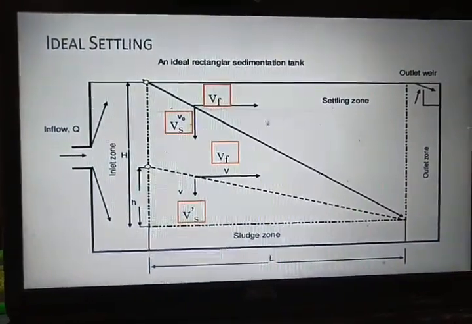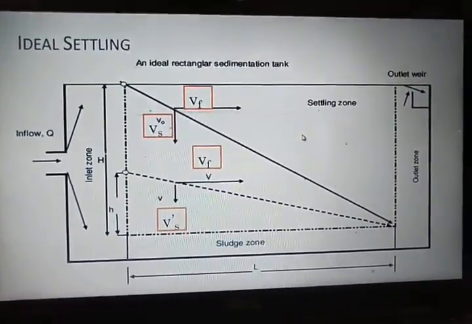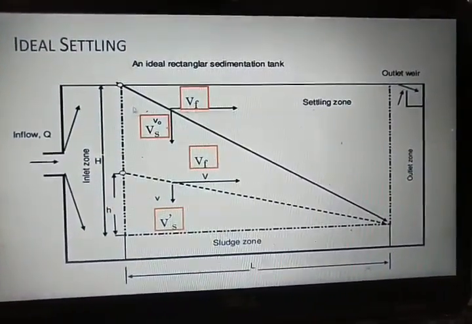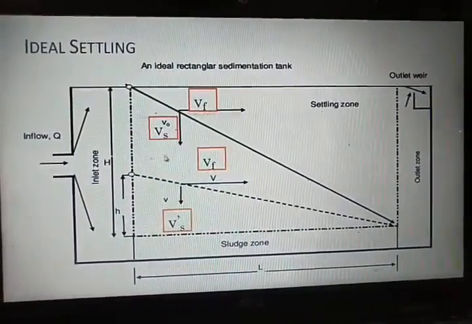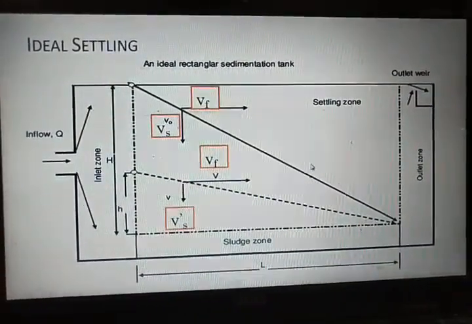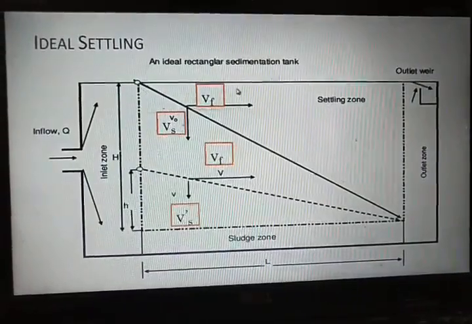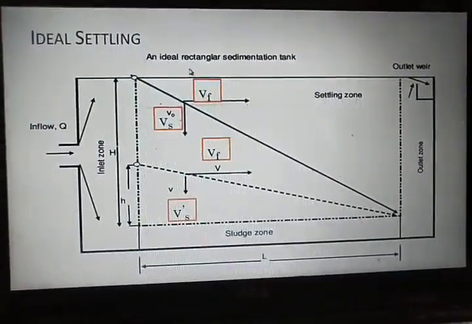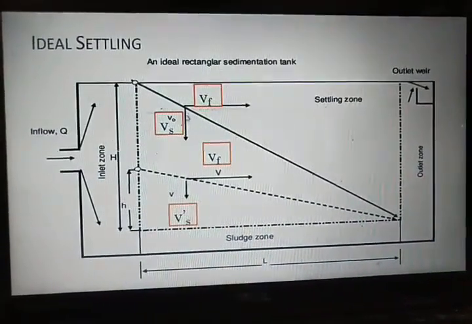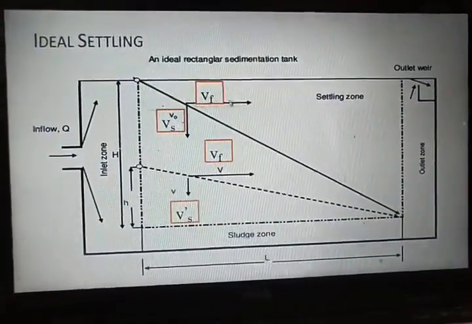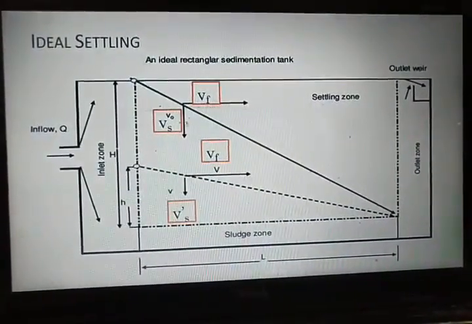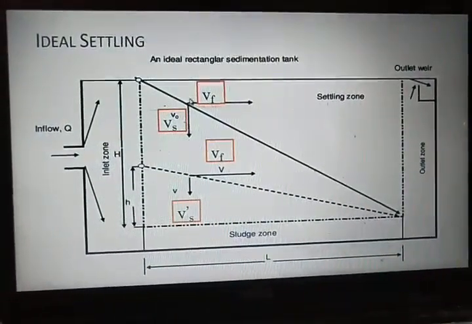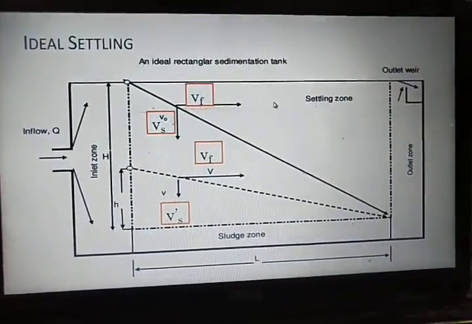That is our ultimate aim, so we provide more length so that the particle can easily settle and not escape from the outlet without getting settled. So Vs should always be greater than Vf. Please remember.